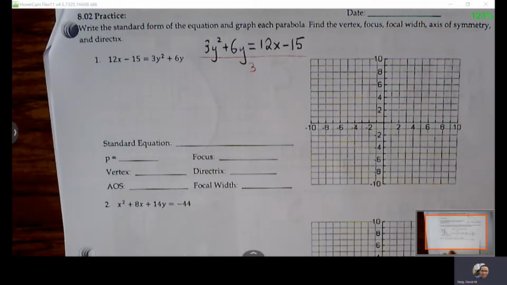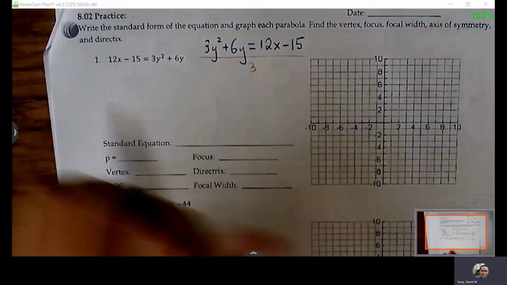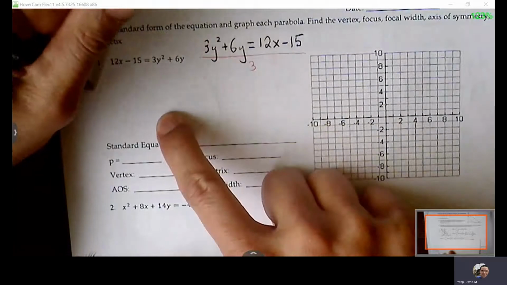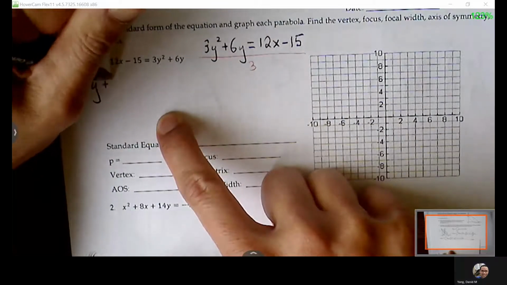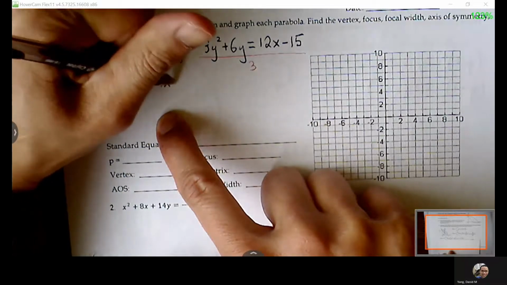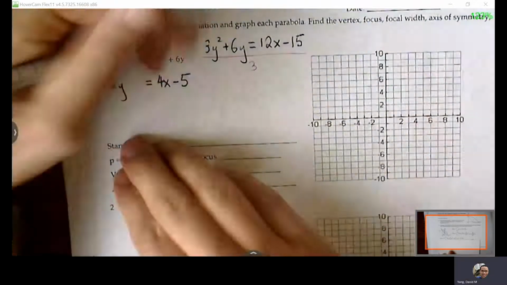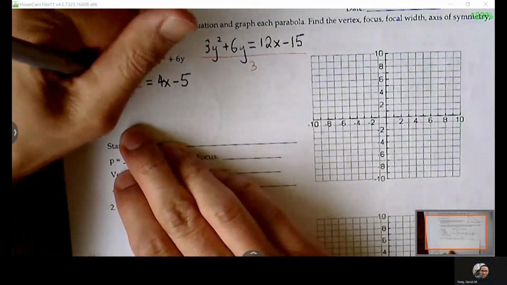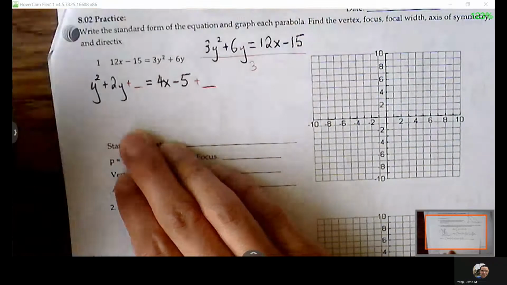And also I'm going to divide everything by 3 just to ensure that my variable squared is on the left, and also to ensure that I'm left with y squared to the first power. Okay, start there.